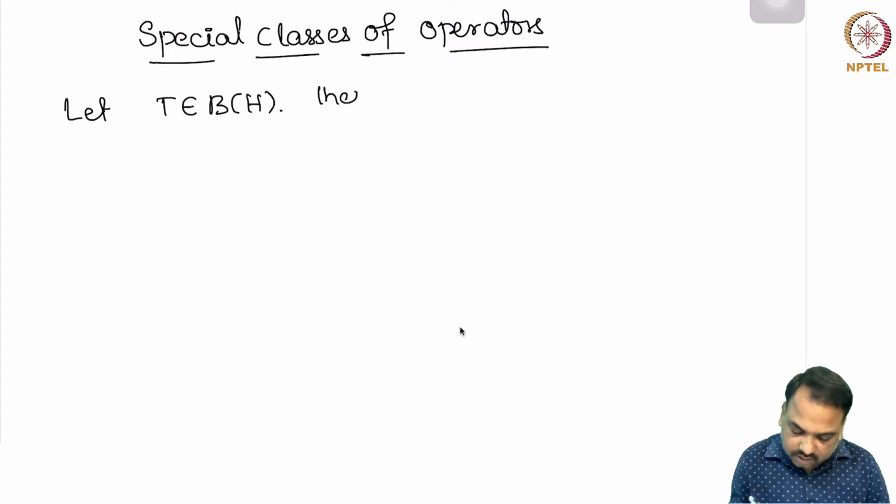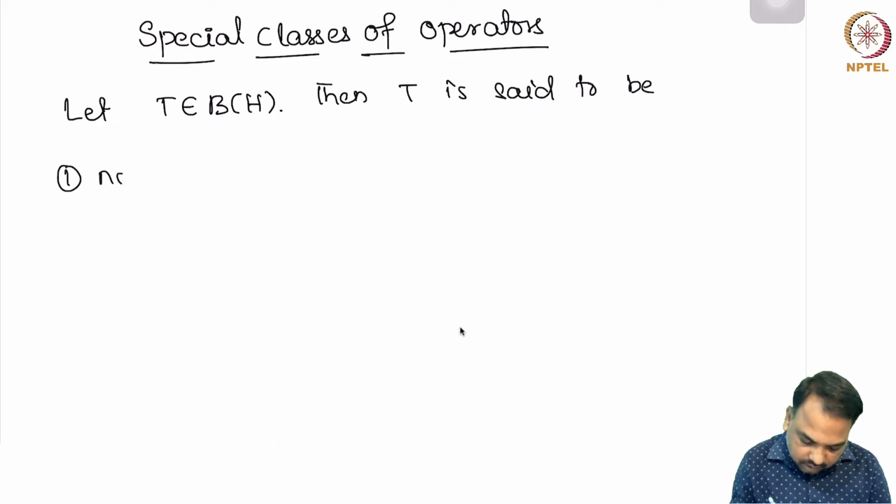Let T be in B(H), where H is a Hilbert space. Then we say that T is said to be normal if T star T equals T T star.